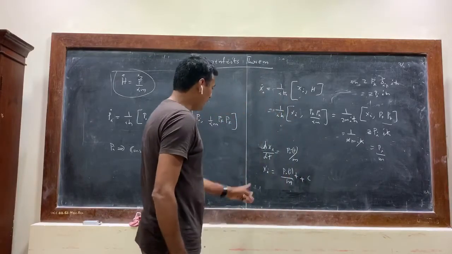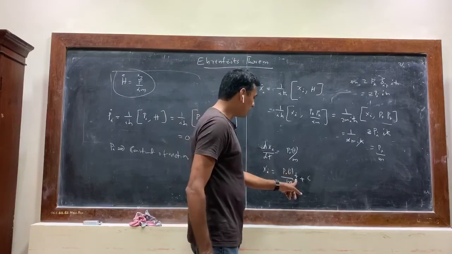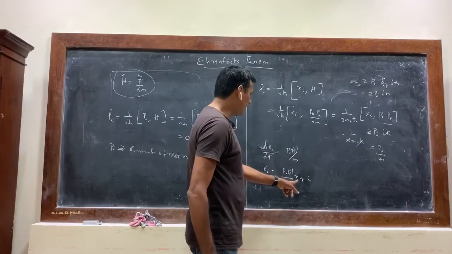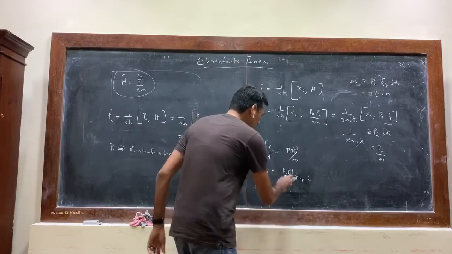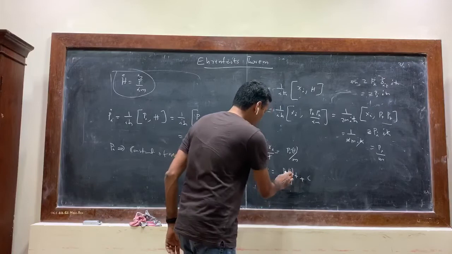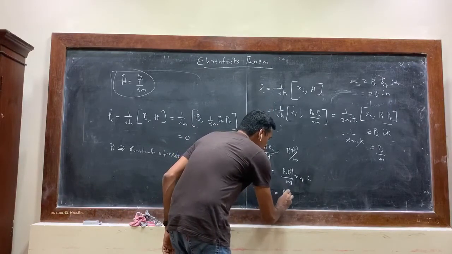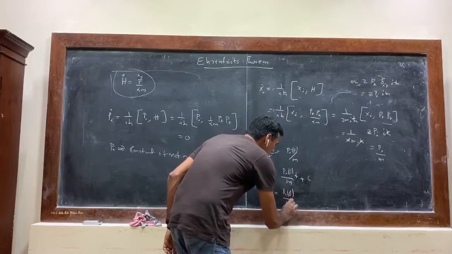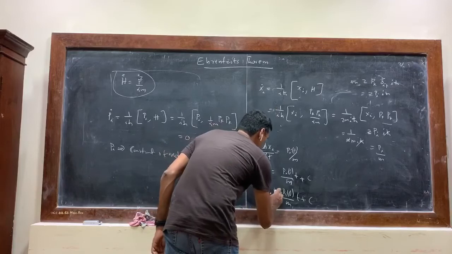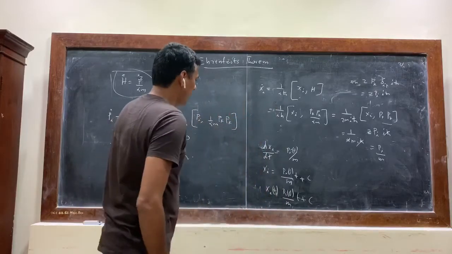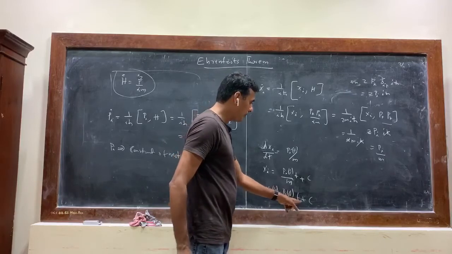You can find the constant c by taking t equal to 0, where x_i is x_i(0). At t equal to 0 this term goes away and you get x_i(0) equal to c. So x_i of t is equal to p_i(0) by m into t plus x_i(0).